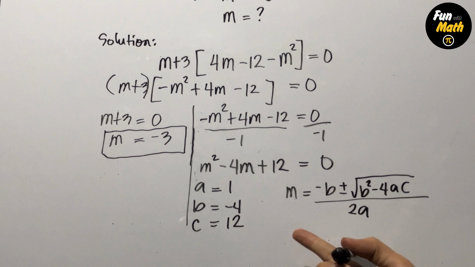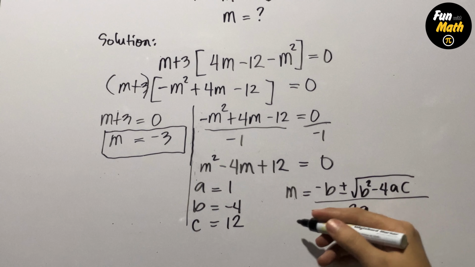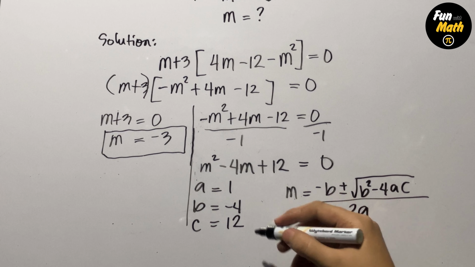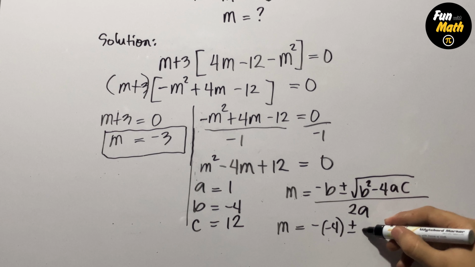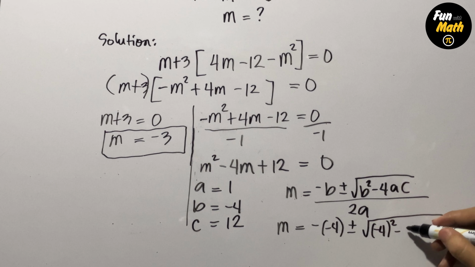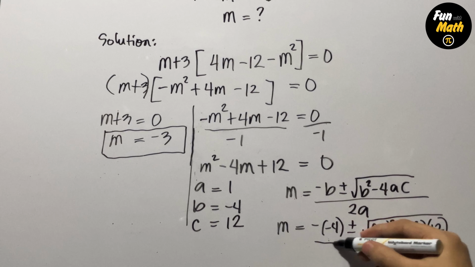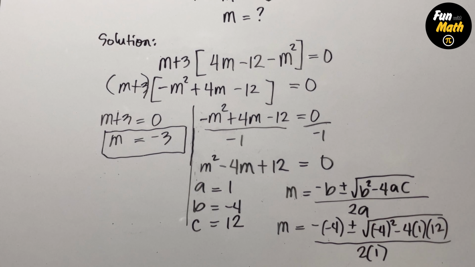Now, let's substitute the values of a, b, and c into our formula. So we have m is equal to negative b, which is negative 4, plus or minus the square root of negative 4 squared minus 4 times a, that is 1, times c, that is positive 12, all over 2 times a, that is 1.